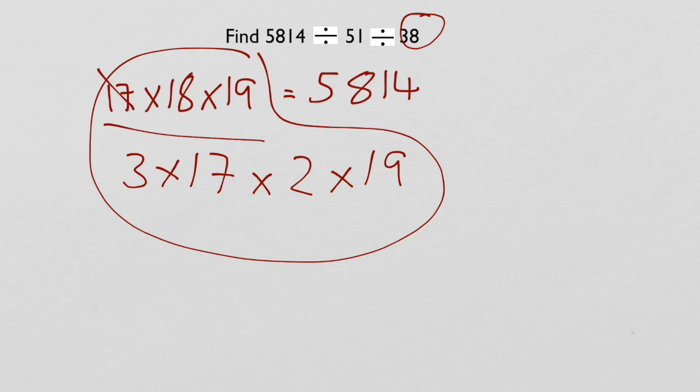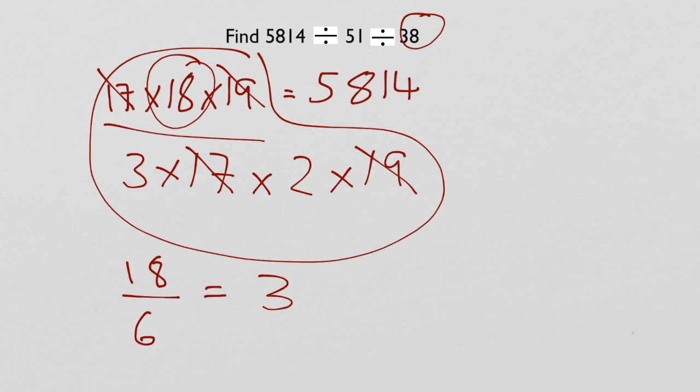So 17s cancel and 19s cancel. So I'm left with just the 18 on the top and the 3 times 2. That can be simplified to 6. So my answer is actually quite simple. It is 18 divided by 6, which equals 3.